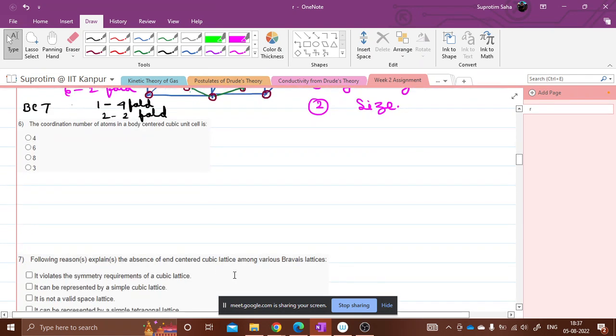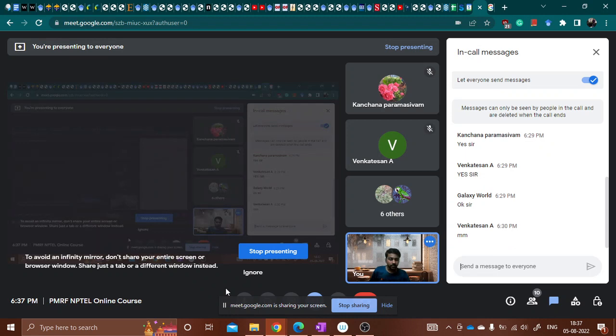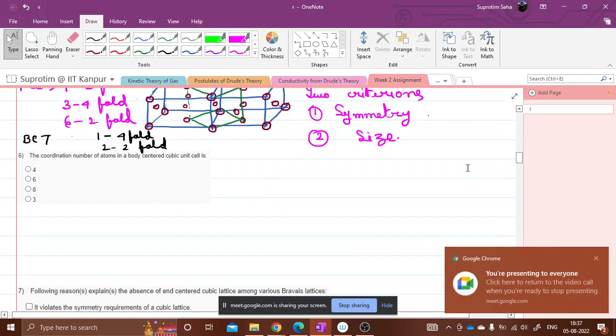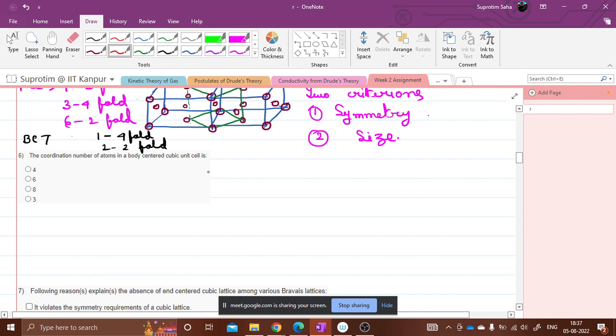The next question that is asked: the coordination number of atoms in a body-centered cubic unit cell. So coordination number, let me just define it for you. Coordination number would be the number of nearest neighbors.